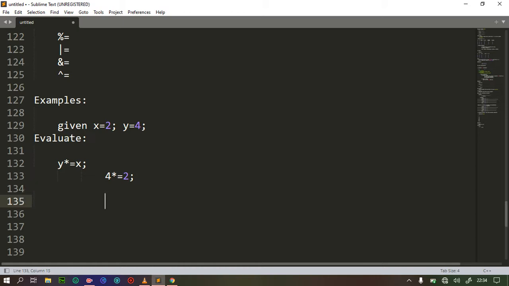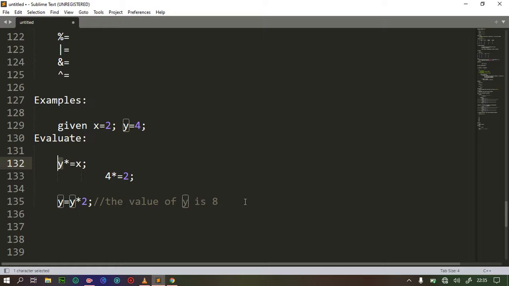Now, programming wise, what does this one mean? It means we are looking for the value of y. So it's going to be y is assigned y times x. Sorry, x is 2, so times 2. So the value of y is 8. So definitely what we are looking for is the L value, the left value.